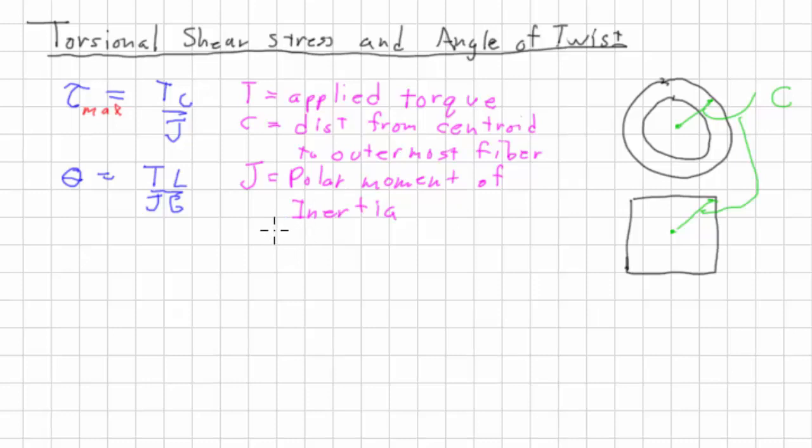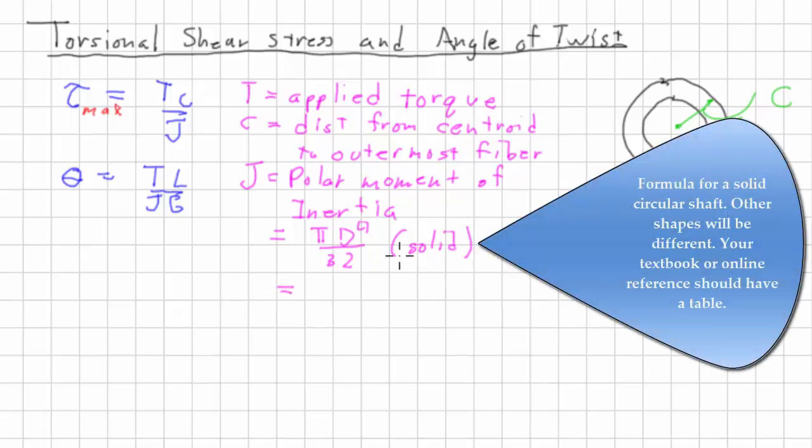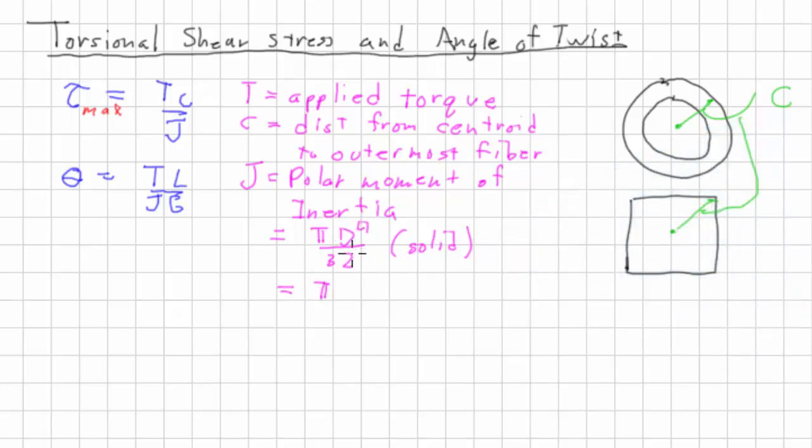For a solid shaft, J is pi d to the fourth over 32, or for a hollow shaft like we were looking at, it's the same thing. It's pi d to the fourth over 32. You just have to subtract out the middle. So you use the same formula over again, or you can simplify it in this way. D to the fourth minus the internal diameter to the fourth over 32.